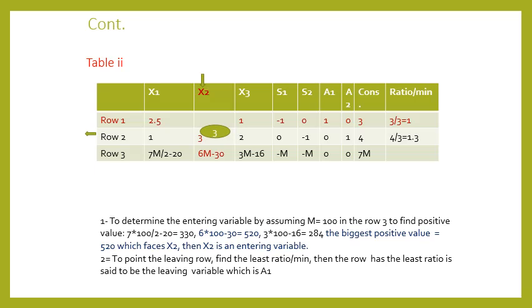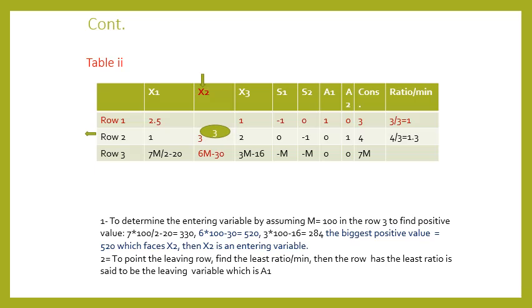Okay, check. 3 over 3 equals 1, the minimum ratio, and 4 over 3 equals 1.3. So row 1 is said to be the leaving variable because it got the least ratio of division, which is A1.